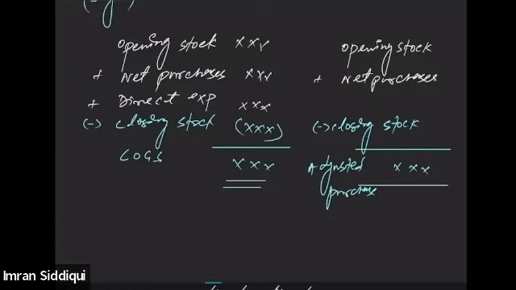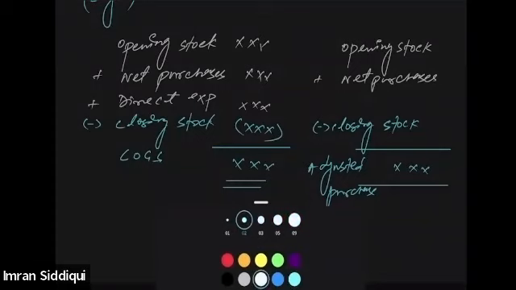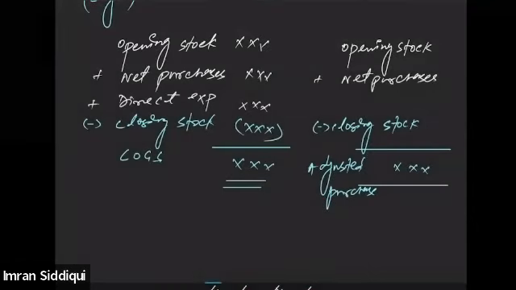All right. Sometimes instead of the opening stock, net purchase, closing stock, the question just gives us the detail about the adjusted purchase. It just gives one item instead of giving the value of the opening stock, net purchase, or the purchase return, purchases, closing stock.